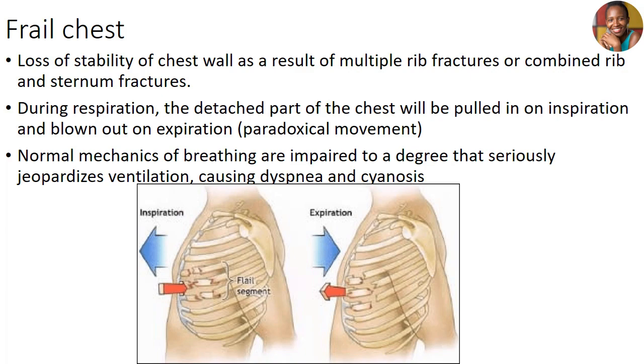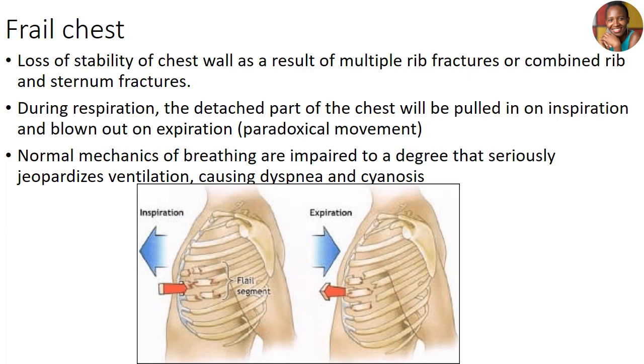With a flail chest, the detached part of the chest tends to be pulled in when someone is inspiring or breathing in, which is not the normal movement, because when someone is undergoing inspiration, we expect the chest to move outwards because there's air going in.